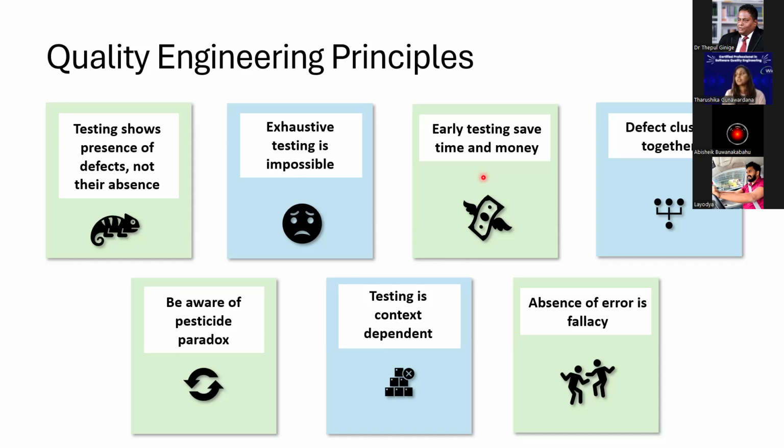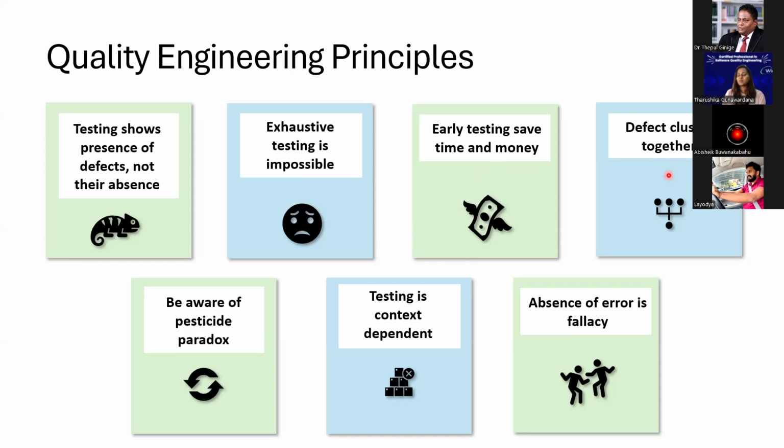So that's why early testing saves money as well as time. And then the next one is defect clustering. Defect clustering means, let's say a particular component which we are testing does have defects. Because of that, we cannot say the other components do not have defects or will have defects.